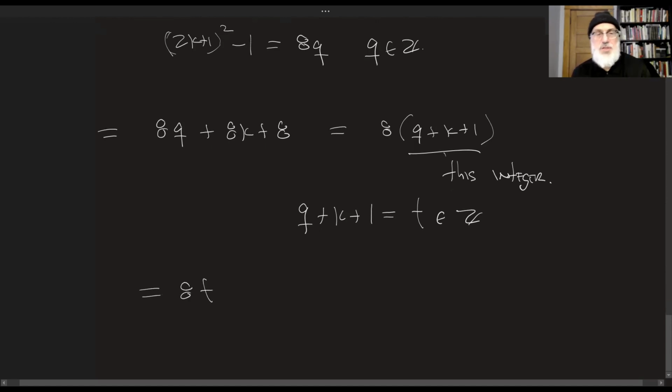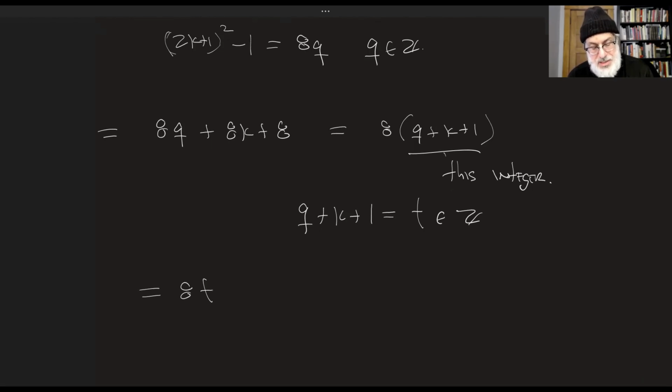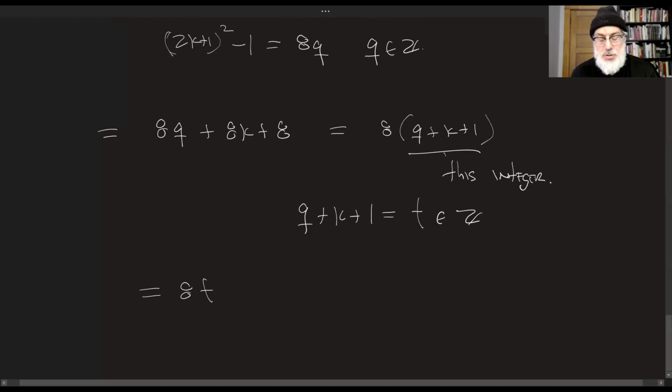Now, what do we say about division? We said that if something divides something else, we can write the thing that's being divided as an integer multiple of it. So this means that, where do we start? 2k plus 1, or let me write the literal thing that we started with.